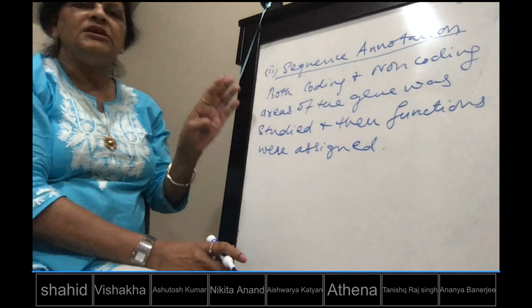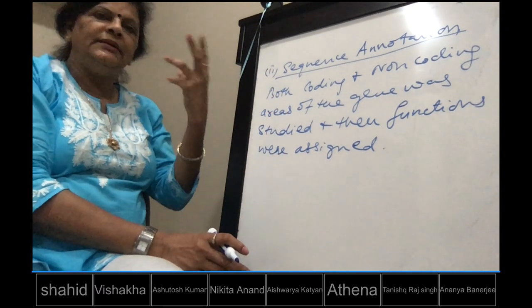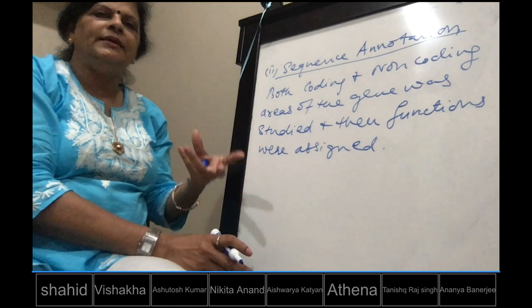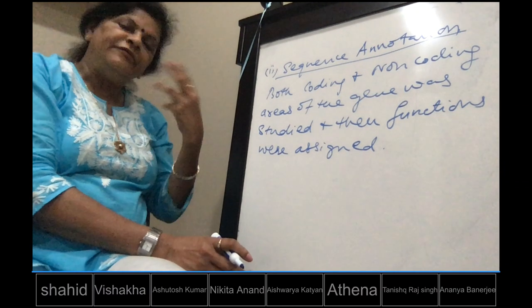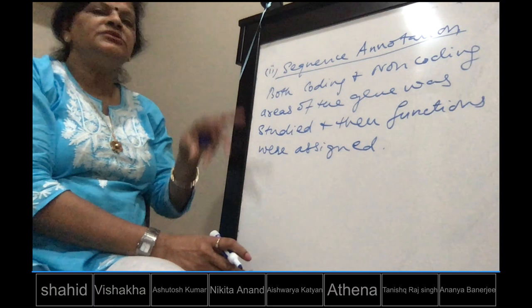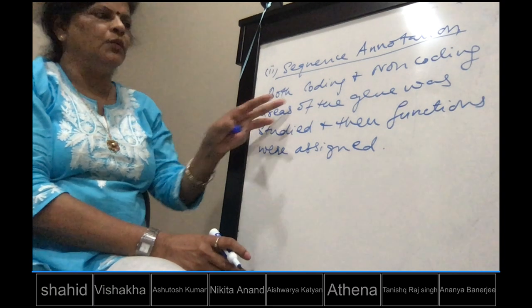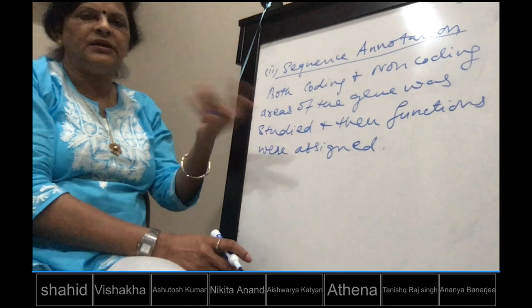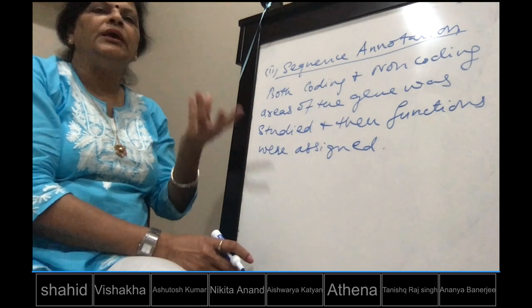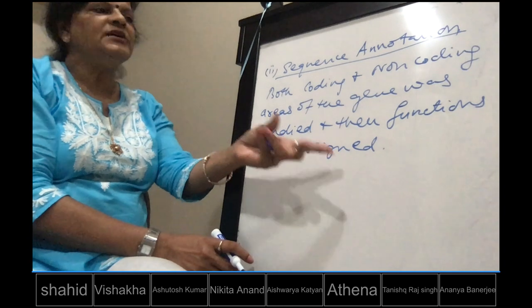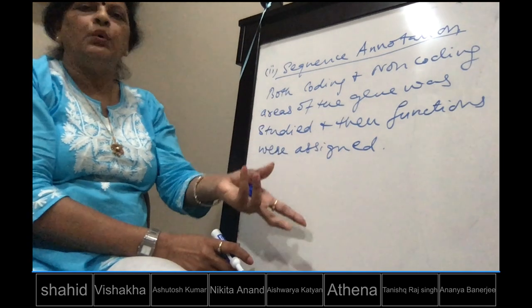But in sequence annotation, the entire DNA is studied, both coding and non-coding areas, and after that the functions are assigned to the obviously coding areas only, because non-coding areas को तो it doesn't code for any protein or amino acid. So functions are assigned to the coding areas.